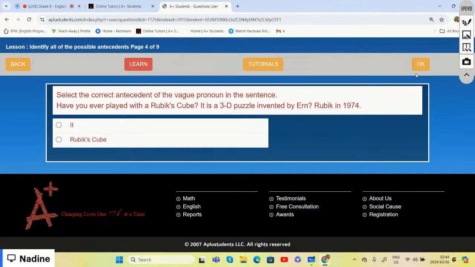All right, the last one says, have you ever played with a Rubik's Cube? It is a 3D puzzle invented by Ernő Rubik in 1974. So we now need to select the correct antecedent of the vague pronoun within the sentence. Is it option one, it, or option two, Rubik's Cube?